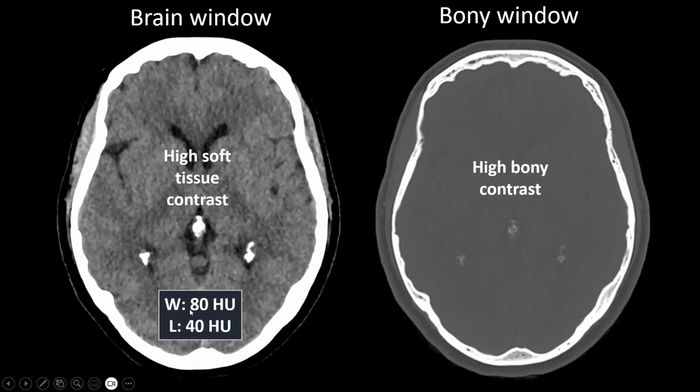For a brain window, we have a window center of 40 Hounsfield units, which is about the density of gray matter, and we have a relatively narrow window width because we only want to see soft tissue structures. In a bony window, we have, of course, a window center that's quite high and a very large window width because we mainly want to see contrast in the bony structures.